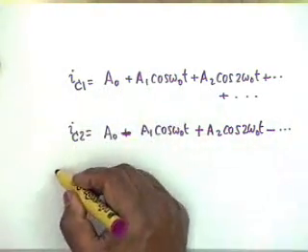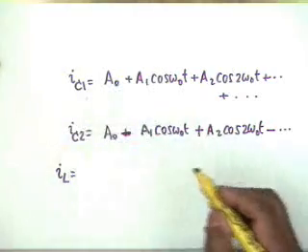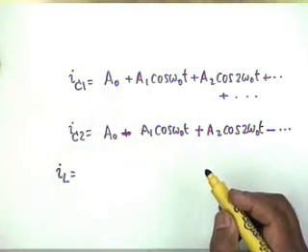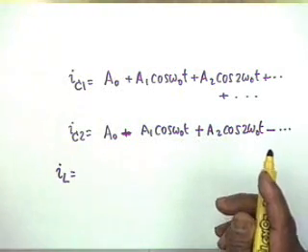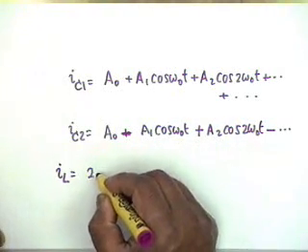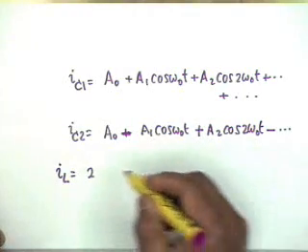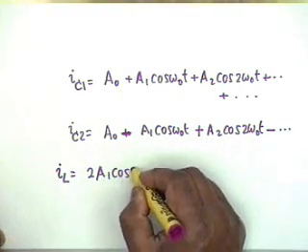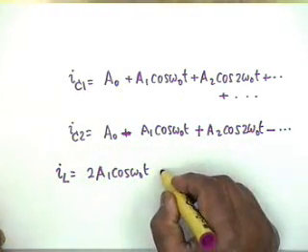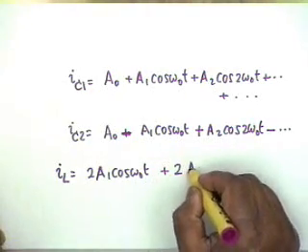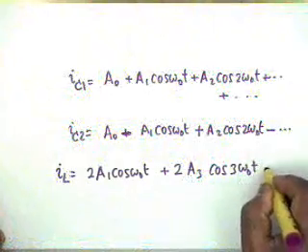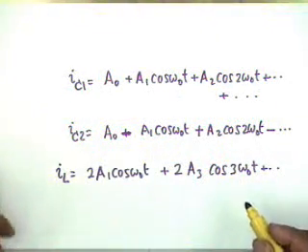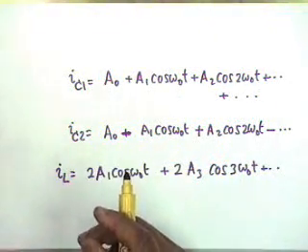Now if I take the load current IL as the difference between the two, obviously the DC terms cancel, no DC flows through the load, we get twice A1 cosine omega 0 t, and the next term is twice A3 cosine of 3 omega 0 t, and so on. So only the fundamental and its odd harmonics are present.